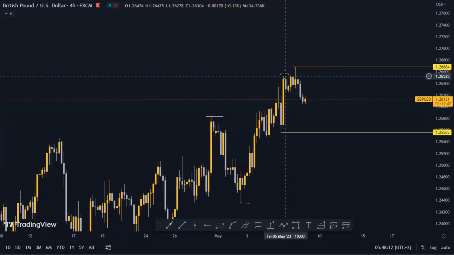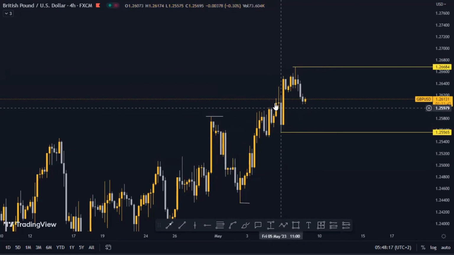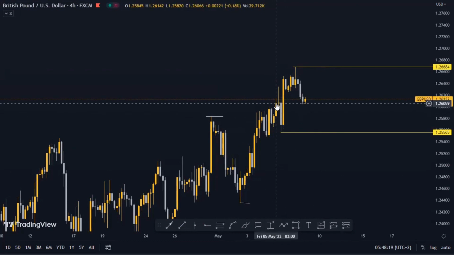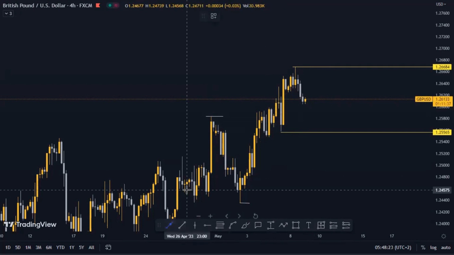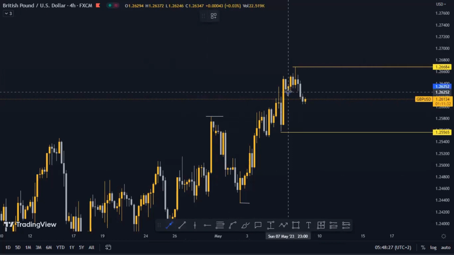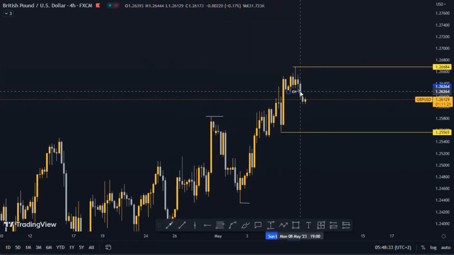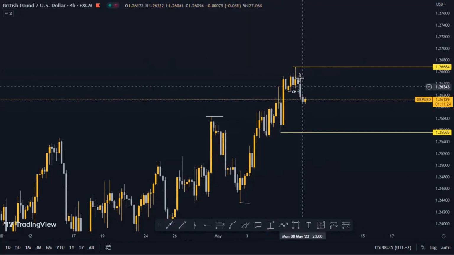So, right, we had an aggressive push to the upside, which broke structure on the left-hand side. So we have this area of demand, which looks like it's getting mitigated. However, just like on the pound yen, we have this area of the last higher low, which was violated to the downside.